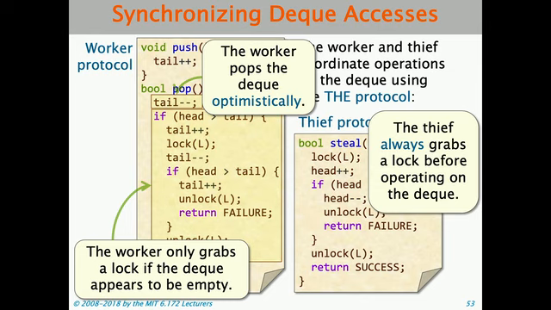So the worker's protocol looks longer, but that's just because the worker implements a special case, which is optimized for the common case. This is essentially where the leave frame routine that we saw before is optimized for case 1, optimized for the pop from the deck succeeding.